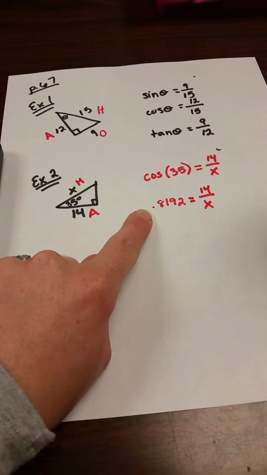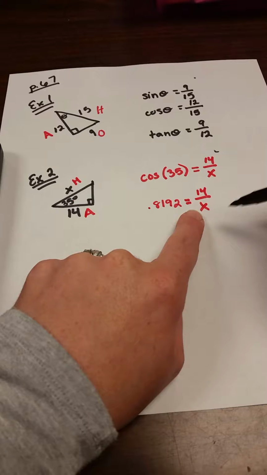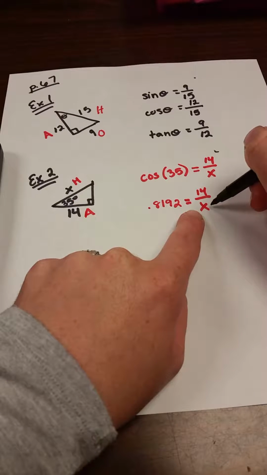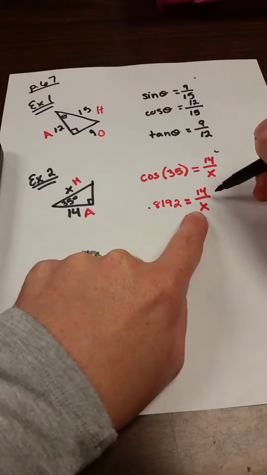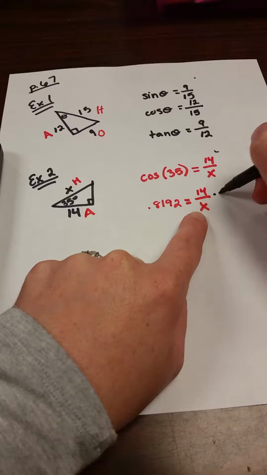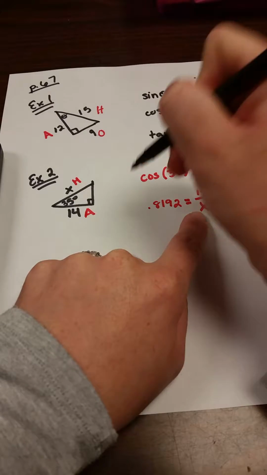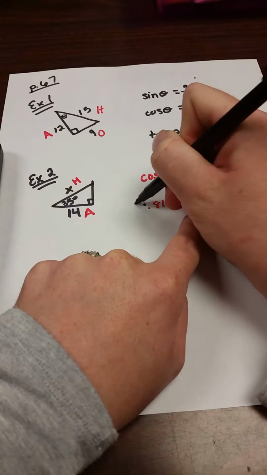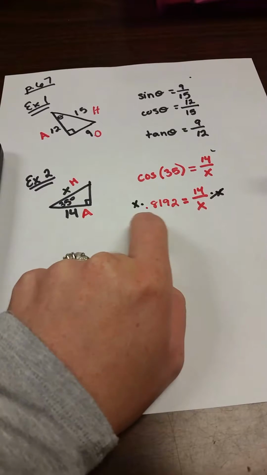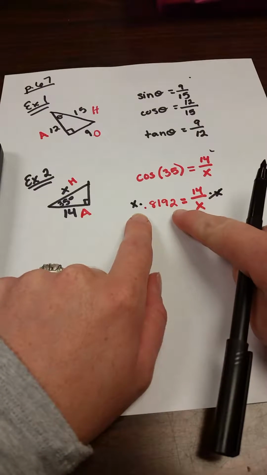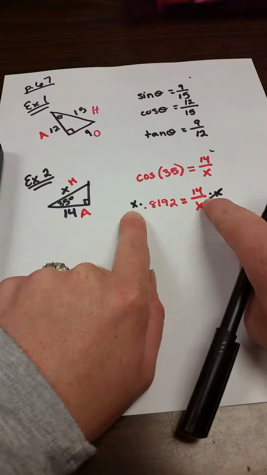Well, since x is on the bottom of the fraction, and you don't need to write this part, just listen to what I'm talking about. Since x is on the bottom, if I want to get x out from the bottom, I would multiply this side by x, and that would cancel those out, right? And then what I did to this side, I would do to this side. So I'd multiply that side by x. Well, if I did this, you would end up with 0.8192 times x equals 14.